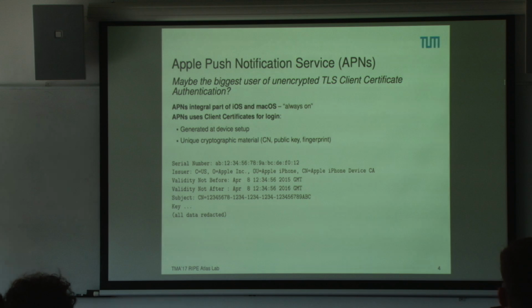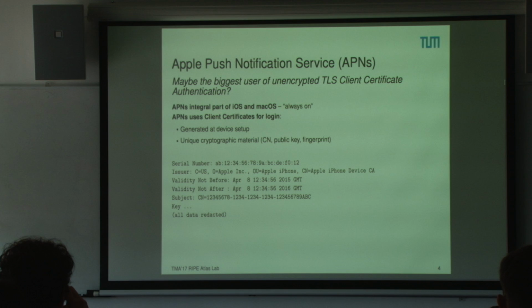It was about the Apple Push Notification Service, where I see a lot of Macs. It's enabled by default in iOS, macOS, watchOS, tvOS, iTunes and Windows, in everything. And it's always connected. And the nice thing it does, or not so nice thing, is it uses client certificates to authenticate devices.